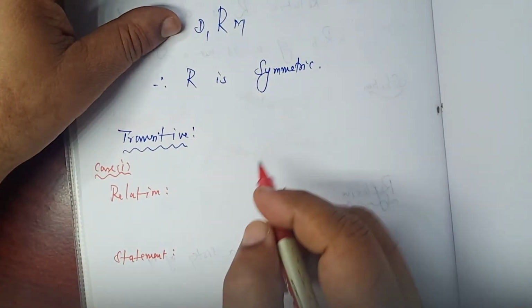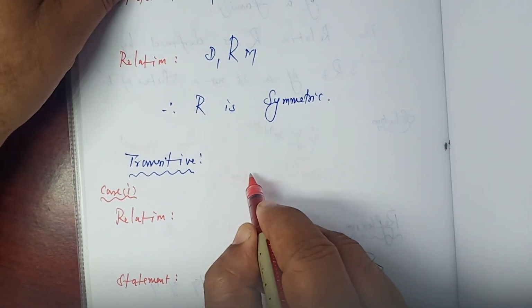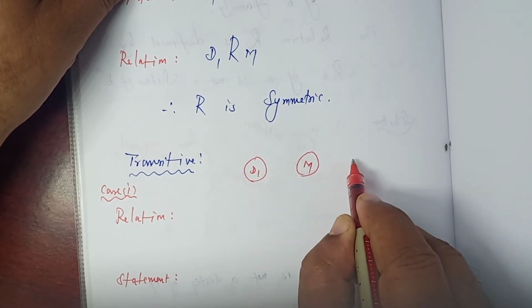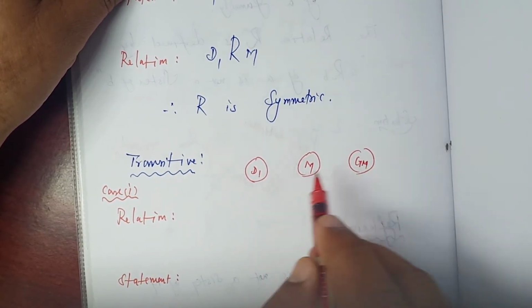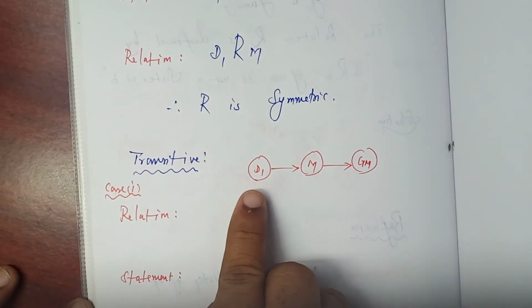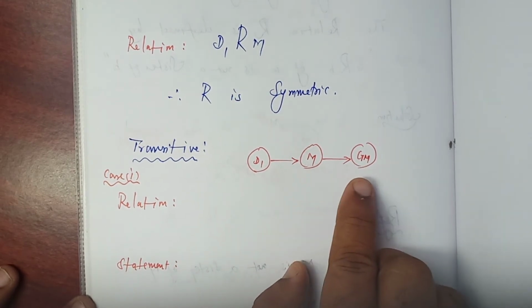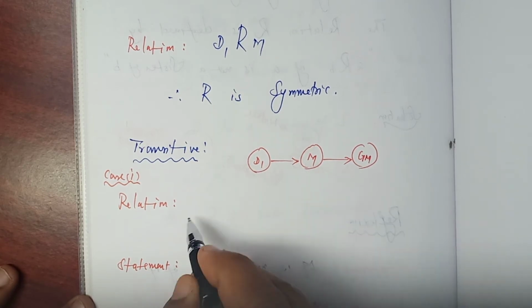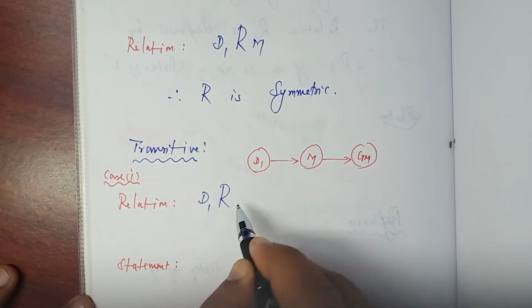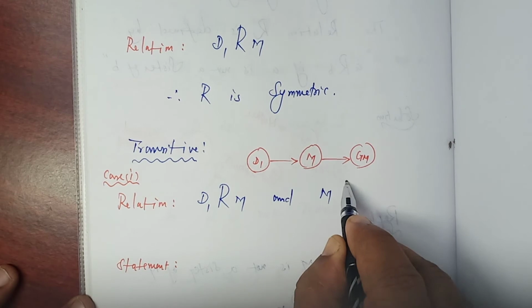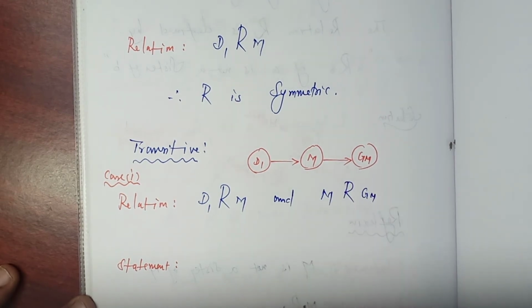I consider D1, M and GM: daughter 1, mother and grandmother. First I consider D1 and M. D1 is related with M and M is related with GM.